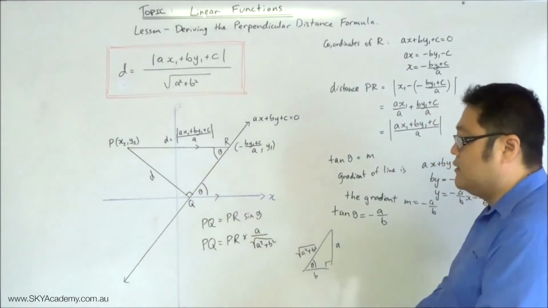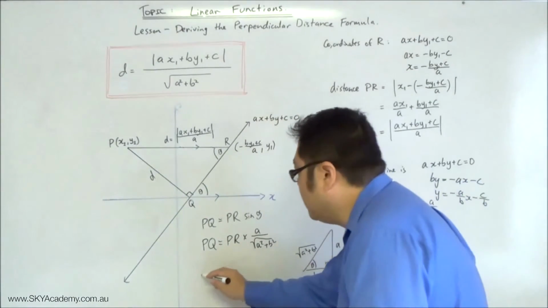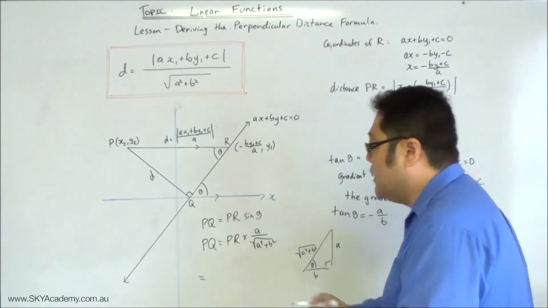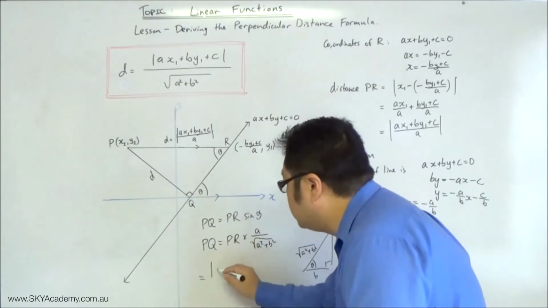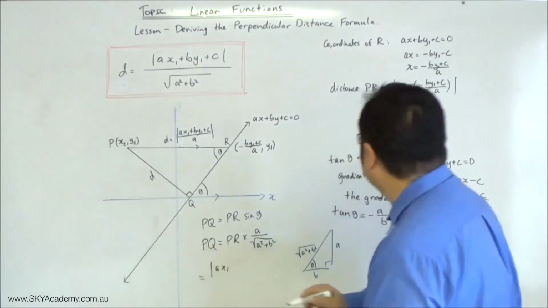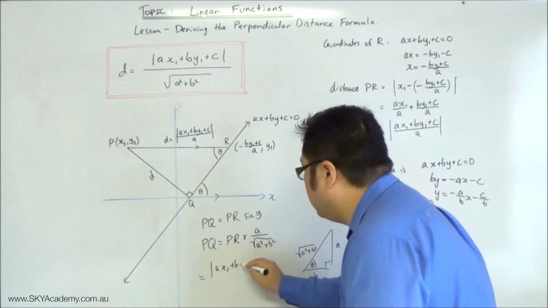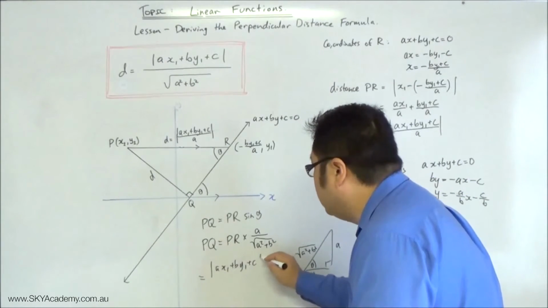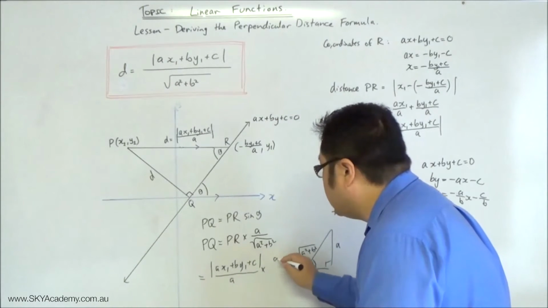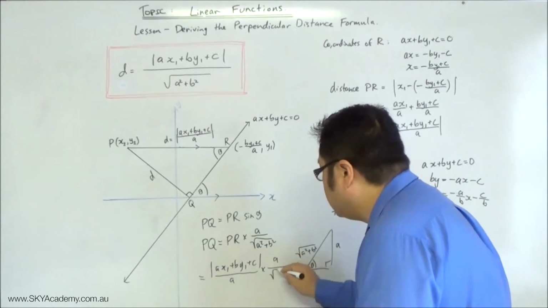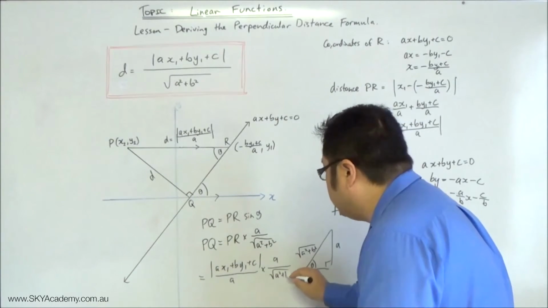Okay? Does that make sense? Now all of that is equal to PR, which is equal to the absolute value of ax1 plus by1 plus c, all over a, times a all over the square root of a squared plus b squared.